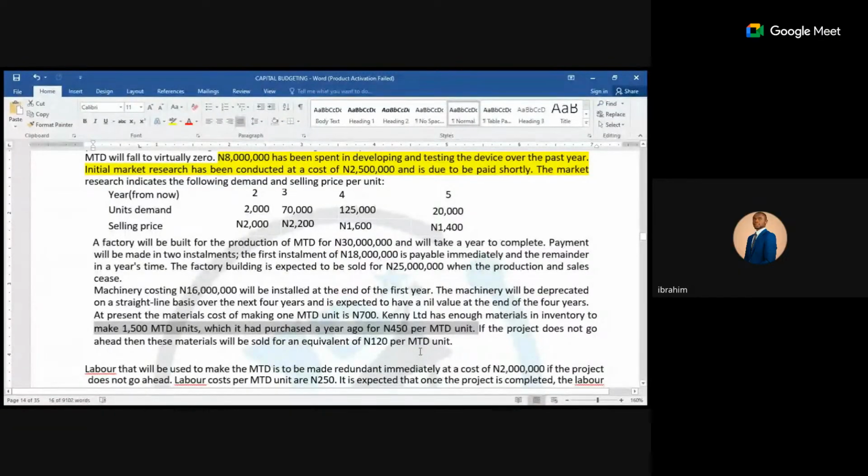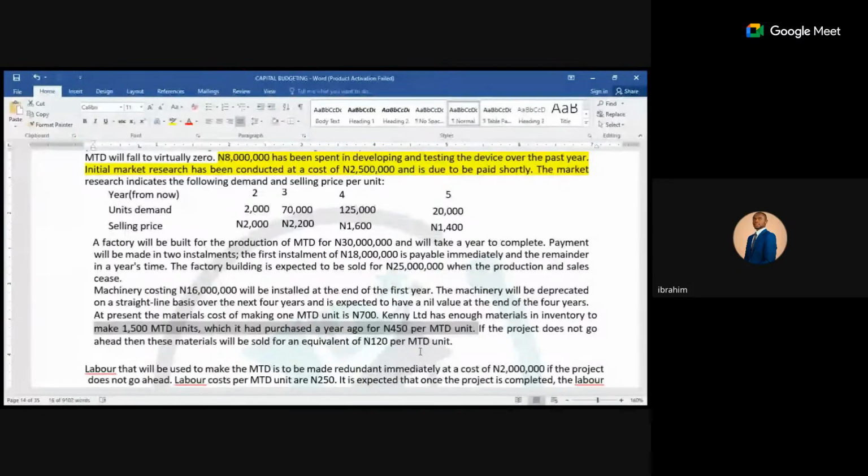Meaning that if we didn't want to go ahead with this project, of course, we've already said we want to build, they've already built a factory already. Definitely, the project will go ahead. So you can see that they have forgone the part of if the project does not go ahead, then this material will be sold. Of course, they want to execute these projects. Right?